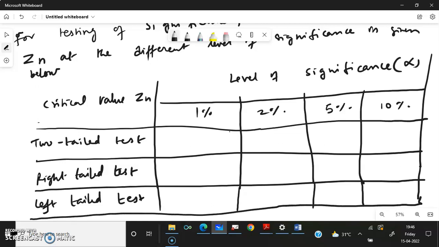The question arises in your mind: what is a two-tailed test, what is a right-tailed test, and what is a left-tailed test? These are our critical values Z alpha.